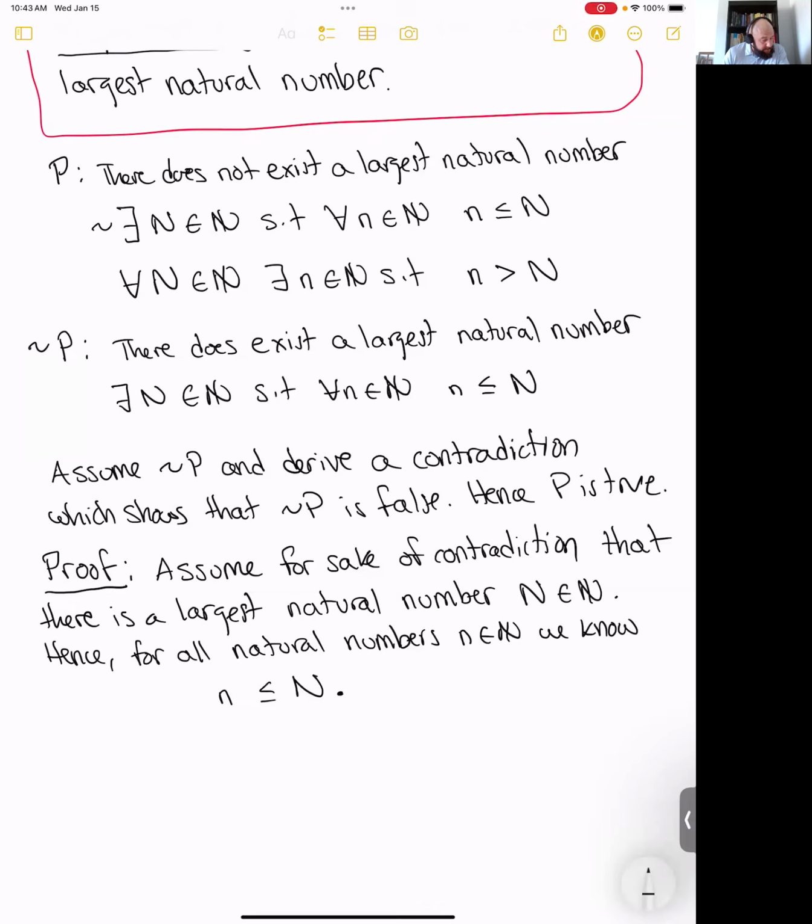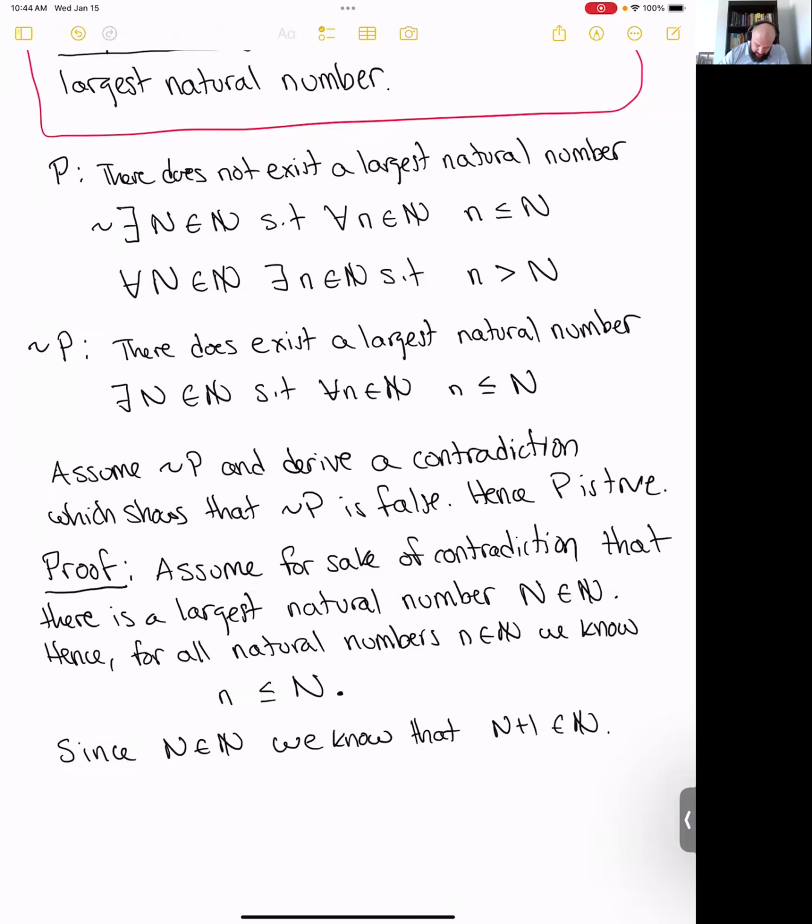Okay, so since n is a natural number, we know that n plus 1 is also a natural number.